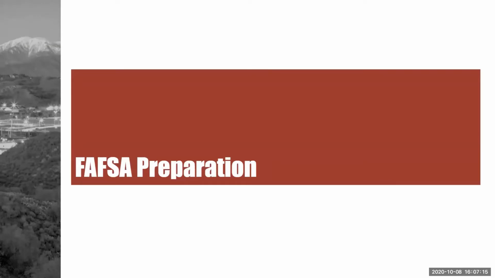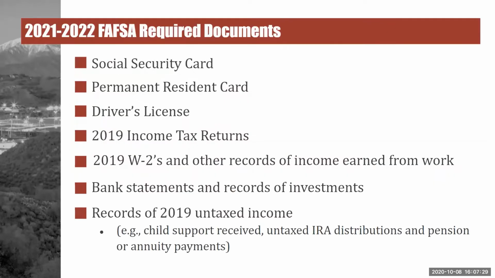Great. Once you have created your FSA ID, you are now ready to begin the FAFSA application. However, before we get started, it's important to gather all required documents, as we may need to reference different types of documents in order to answer each FAFSA question. Here is an overview of some of the required documents you should have readily available in order to complete the 2021-2022 online FAFSA application.